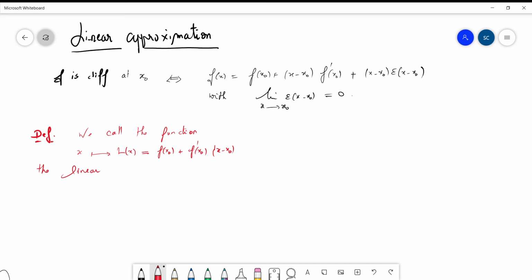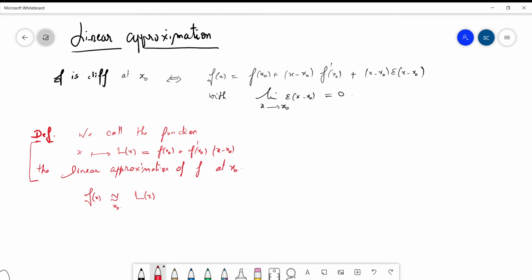So this is the linear approximation of f at x0, and we say that f(x), for an x close to x0 in a neighborhood of x0, can be approximated by this expression L(x).